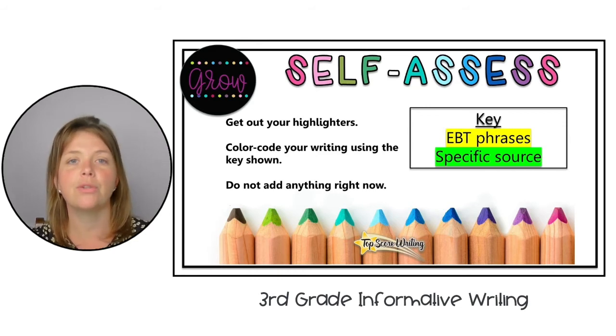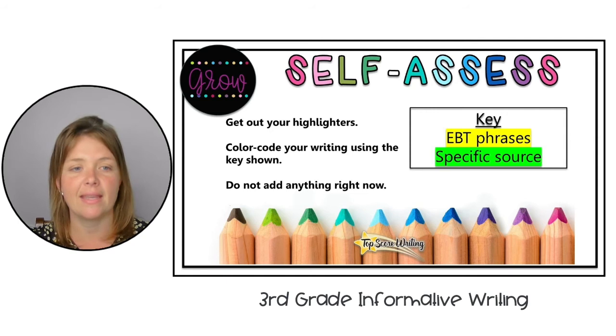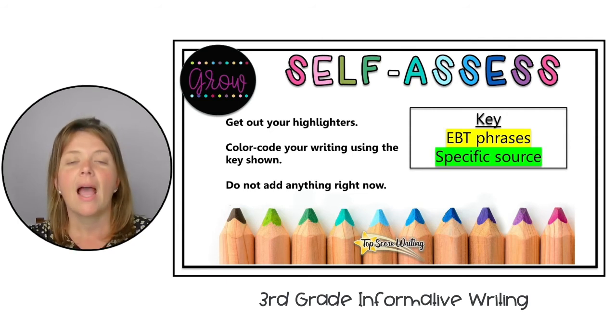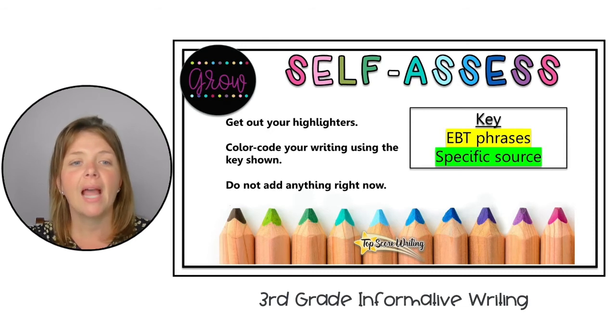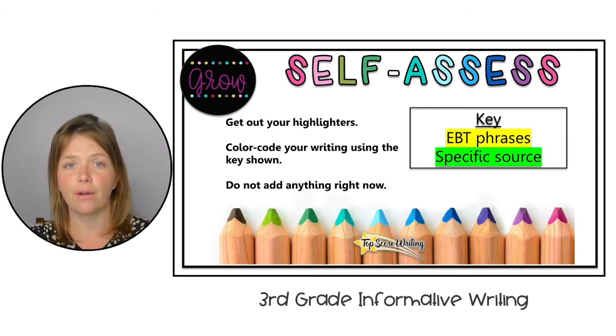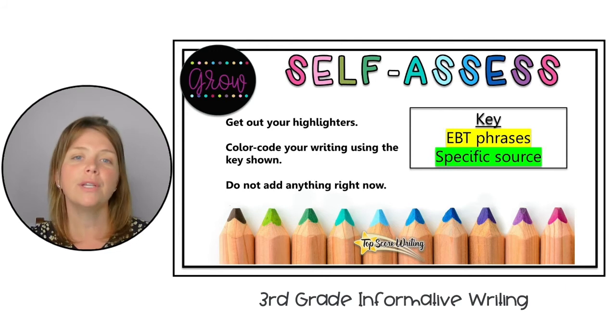You're going to want to underline or highlight that in yellow. I'd also like for you to take your green highlighter and highlight the specific source. So if you used the article title, History of the 4th of July, that is your specific source. So you're going to go ahead and highlight that in green.